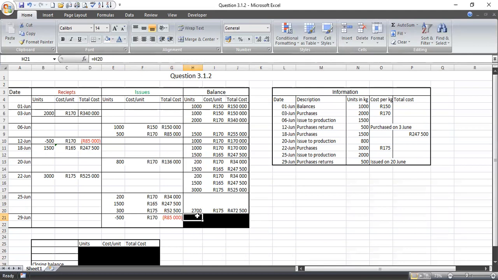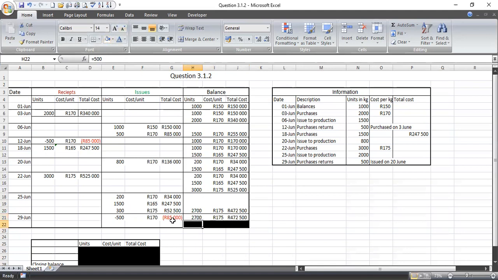So on our balance, we're going to first bring down our balance from the previous month of 2,700 units at a cost of 175 and at a total cost of 472,500.